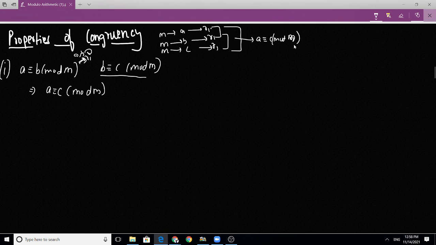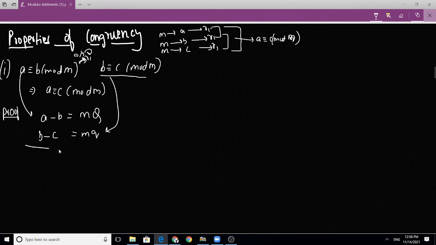Now I'm going to derive it, a proper derivation or proof. A minus B equals M into some capital Q, and B minus C equals M into some small q. I know this from here and this from here. I'm going to add both of them.